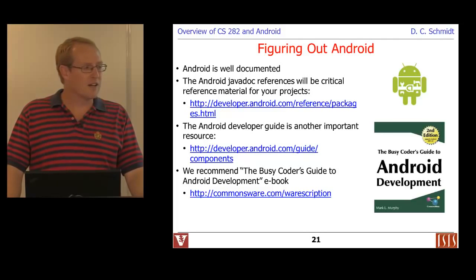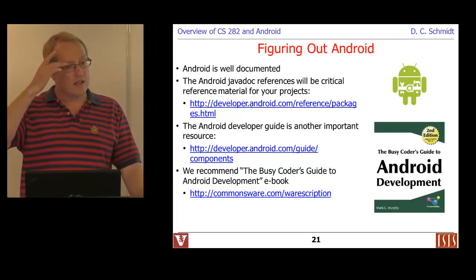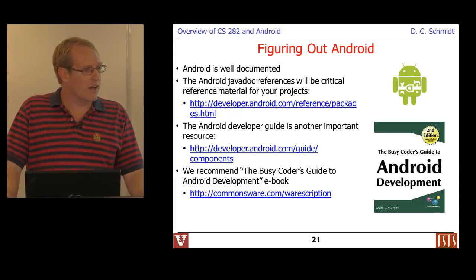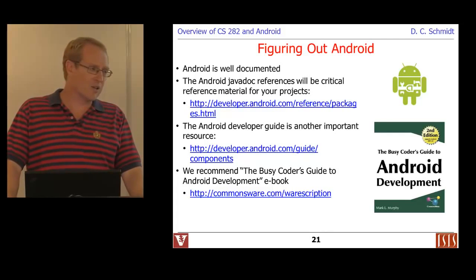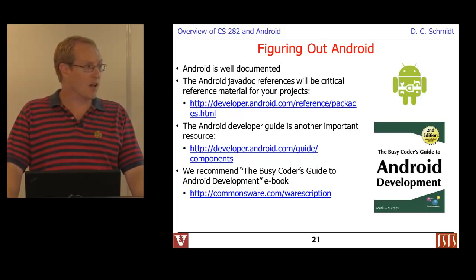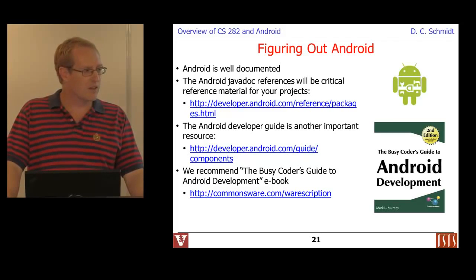You get a PDF from the author, and it's like $40. He puts out periodic updates, and it's really quite helpful. There's a website where all the examples are available. You can download the examples and play with them, a lot of open source stuff. That's what I learned when I did the class last time. I basically went through the book and used it to get up to speed on what needed to be done to learn other stuff in Android.